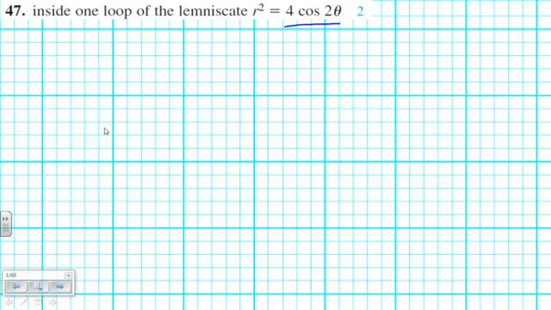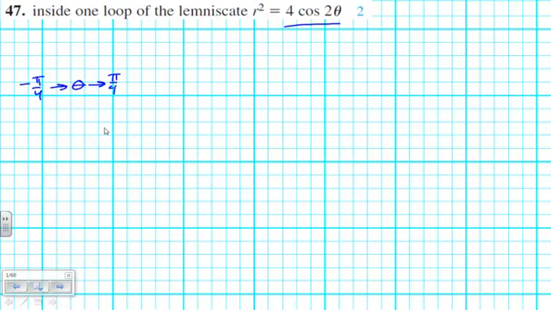Typically, we talk about cosine being positive from negative pi over 2 to pi over 2. But this isn't cosine, this is cosine 2 theta. So what range of values? Negative pi over 4 to pi over 4. I think is probably what we're going to go for.